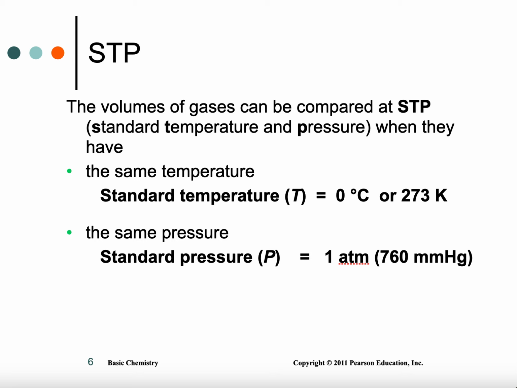STP means standard temperature and pressure. Standard pressure is 1 atmosphere. So imagine me boiling water on my lab table at sea level, where the air is above me. That's standard.